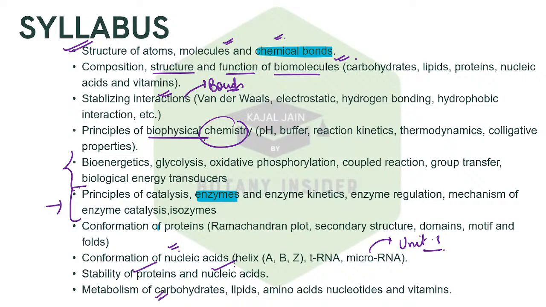Then you can expect a question from nucleic acids conformation, majorly in match the following type, right? Then in the stability of proteins, in a recent year there was a question based upon the digestion of protein, the various enzymes used, various enzymes which work in various different areas. So you can expect one question from this area as well.